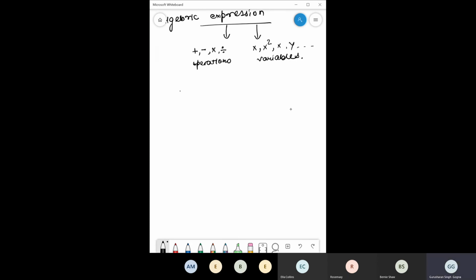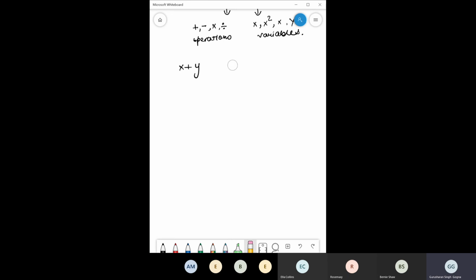So if I write x plus y equals to 10, okay, this is called algebraic equation. But if I simply say x plus y, it's an algebraic expression. Okay, so if you put an equal to sign, it becomes algebraic equation. Now x plus y, this is called linear expression. Why it is linear? Because the highest power of x and y is 1, or the highest power of the expression is 1.